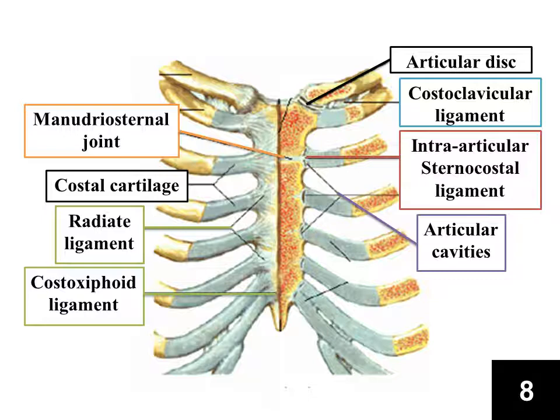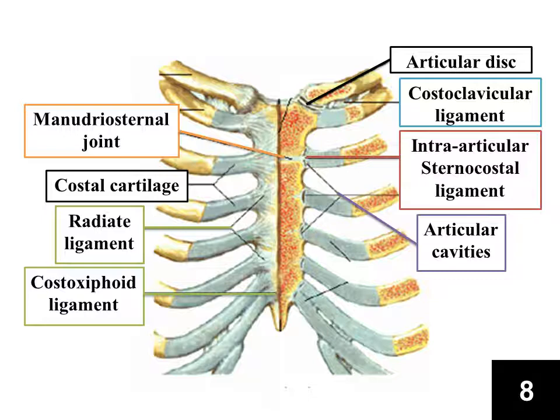The radiate sternocostal ligament is the one marked by the green arrow on the left side. You can see the radiate ligament.